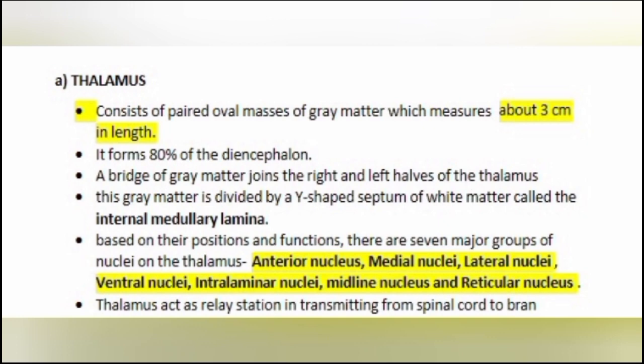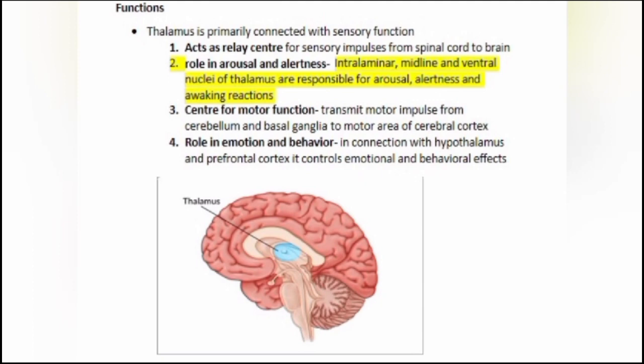This grey matter is divided by a Y-shaped septum of white matter, called the internal medullary lamina. The thalamus has several types of nuclei, such as anterior nucleus, medial nucleus, lateral nucleus, ventral nucleus, intralaminar nucleus, midline nucleus, and reticular nucleus. You can easily learn these nuclei because they are named like anterior, posterior, right? So next is the function of thalamus.